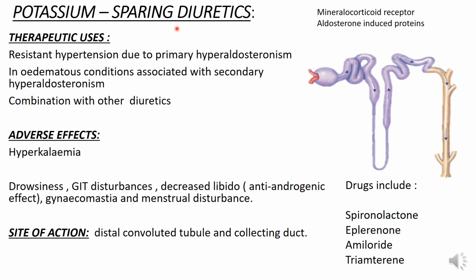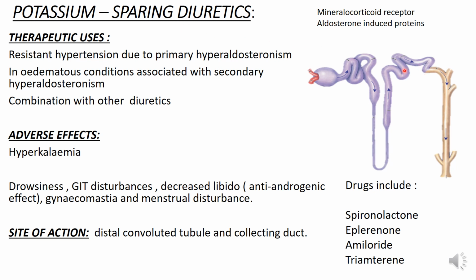So in order to prevent that loss of potassium in a patient who already has a hypokalemic condition, you're going to give the potassium sparing diuretics alongside the thiazides and loop diuretics, right? Okay, so we will start from its mechanism of action.